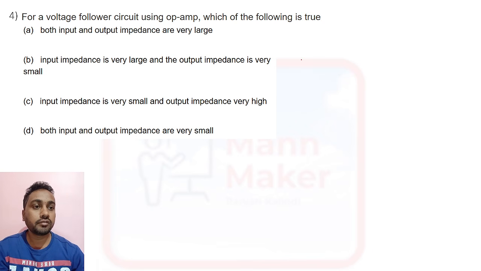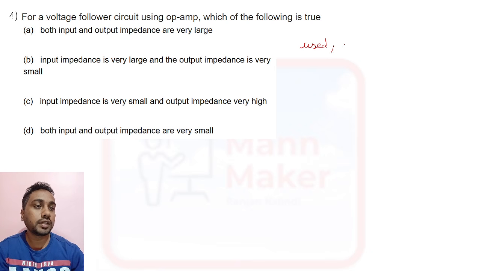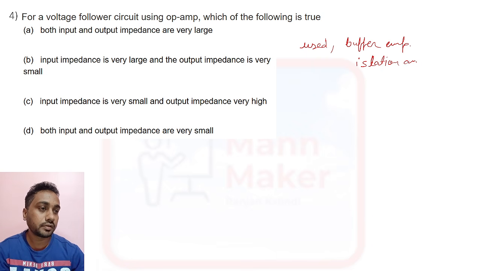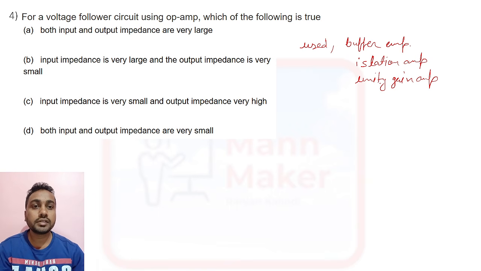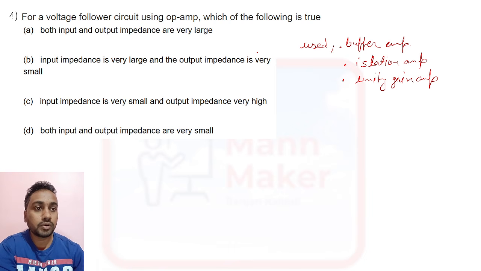A voltage follower circuit is mainly used as a buffer circuit, a buffer amplifier, an isolation amplifier, and a unity gain amplifier. So they may ask this question also, so you have to remember this.